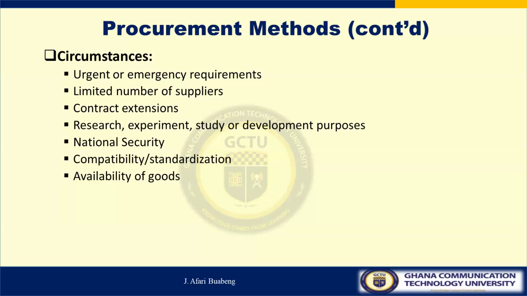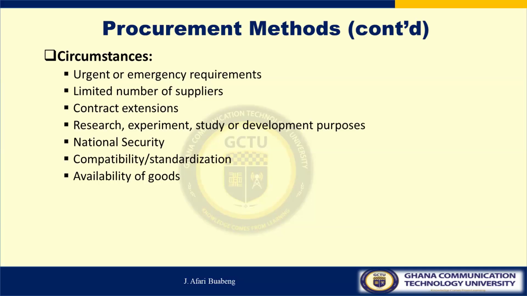Since you're okay with the contractor on site, you can get the necessary approval to use the same contractor for the extension or the modification or the variation. The law allows that to happen. And then the fourth one, when it has to do with research, experiment, study or development purposes.